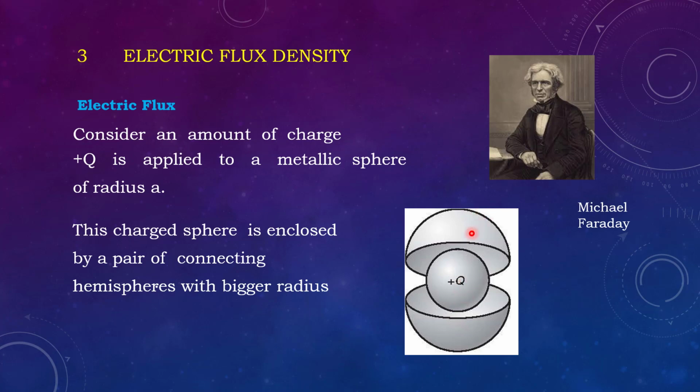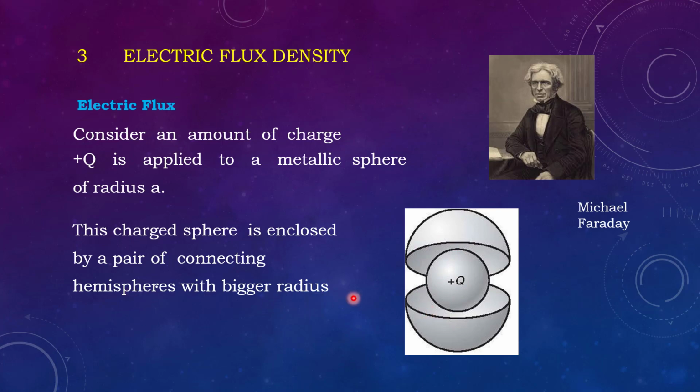He put some dielectric material in the air gap between the inner sphere and outer sphere, and closed the two so that the inner sphere is completely surrounded by the outer sphere. Only the inner sphere is charged by plus q. The outer spheres are not charged initially.